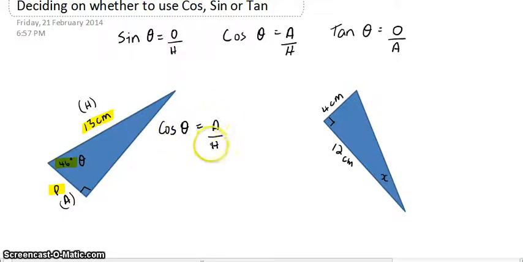Cos theta is adjacent over hypotenuse. So we can write cos 46 degrees is the adjacent, which is P, over the hypotenuse, which is 13. We can solve for it.